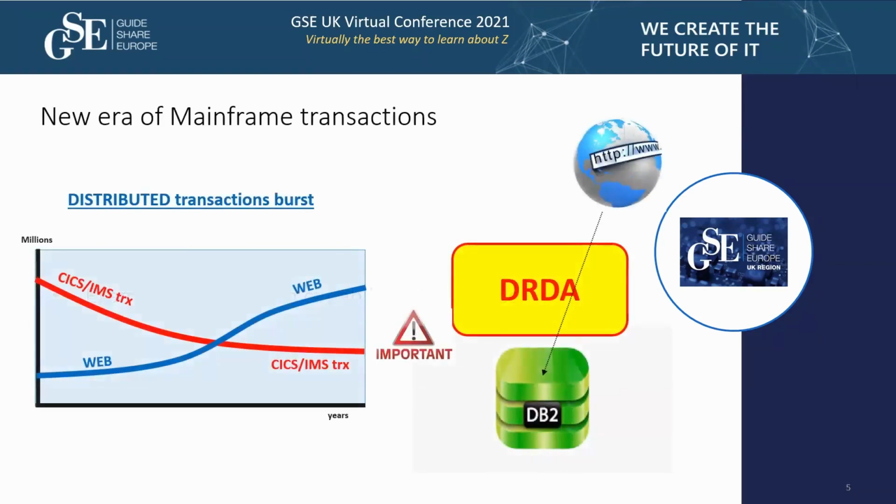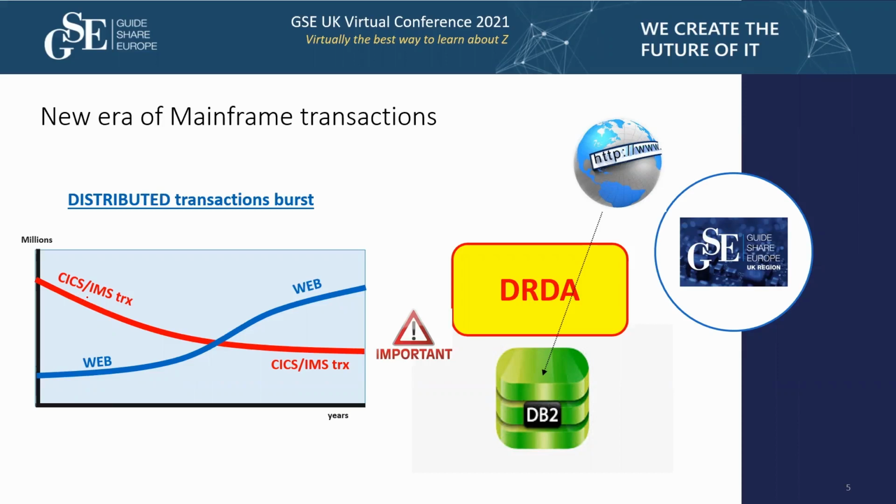So in the last years, with the mainframe, I can see that we are living in a new era of transactions. In the past, let me open the laser pen. All right. In the past, as you can see here, we had more CICS transactions than today, for sure.